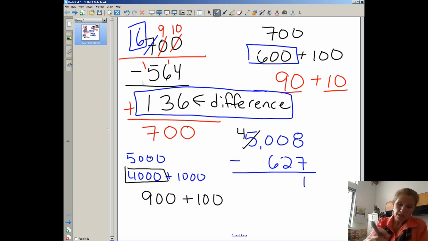So what it looks like is I have 10 here, and I have 9 here, 9 hundreds, and then 10 tens, which is 100 for the second one. So I make 10 to the far right and 9 next. Now I'm ready to subtract the rest of that.